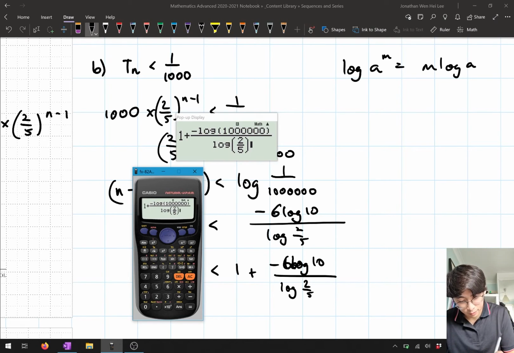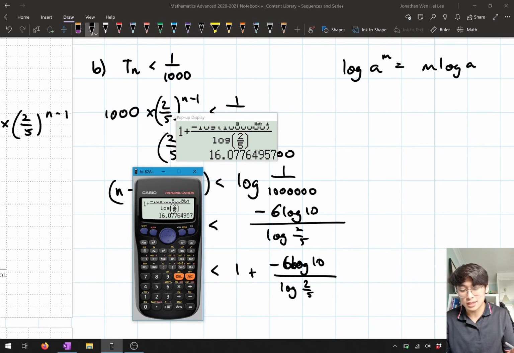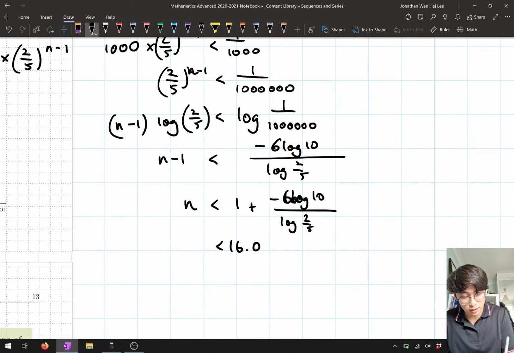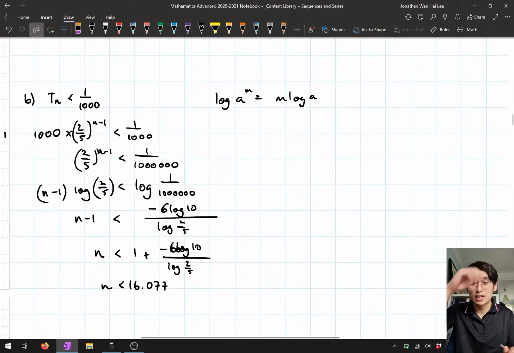Let's see what we get. And so that's 16.077. So what we're going to do is we're going to check those two values, so 16 and 17.